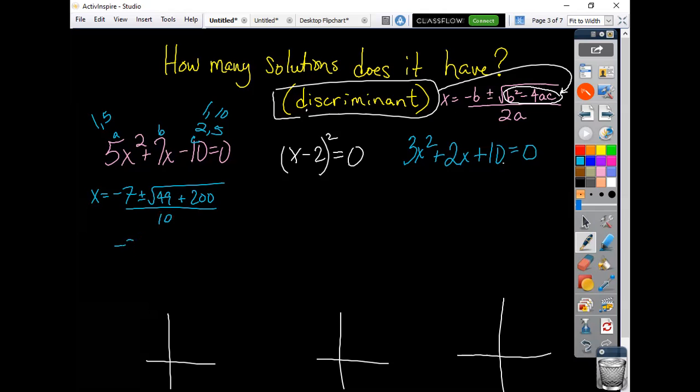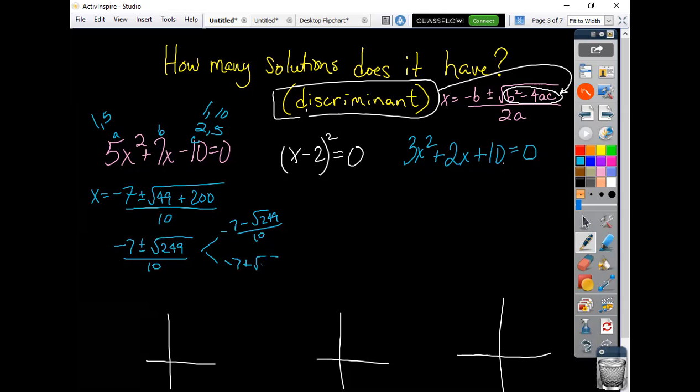So this one, if you graph it, you could find out from your graph what those two decimals are here. I'm just going to do them on the calculator quick. -7. Again, I like to do the smaller one, the minus, first, and then the larger one with the plus second.